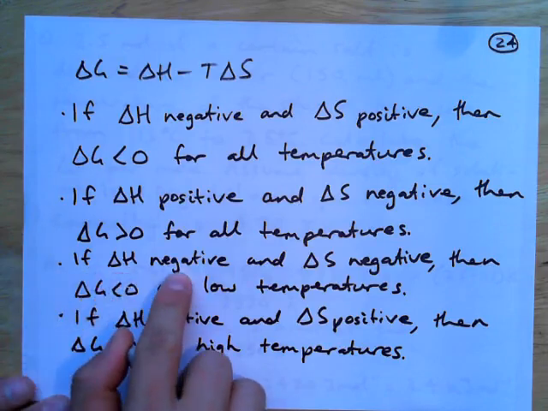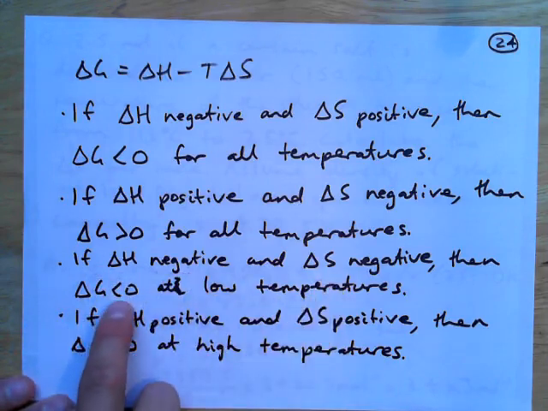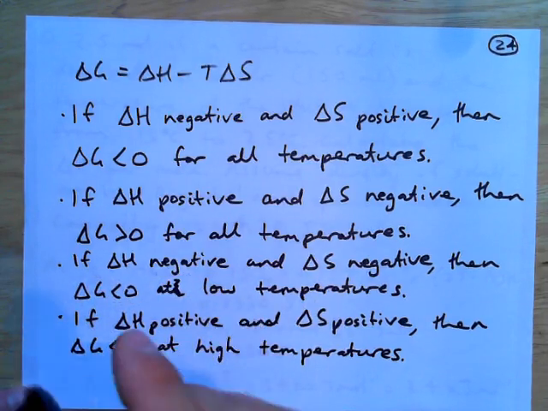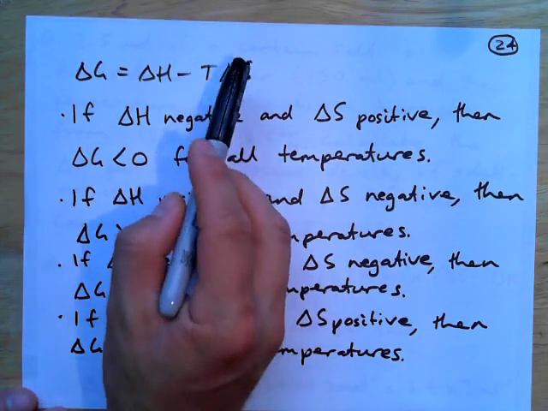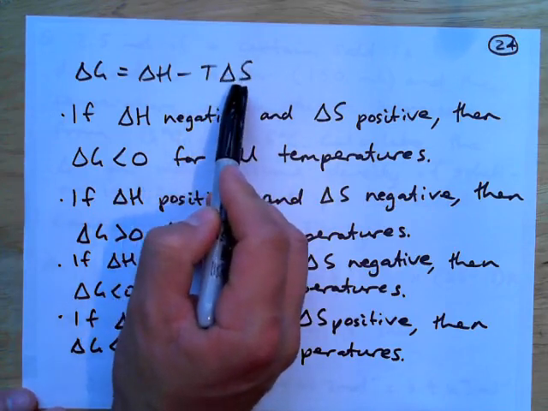If delta H is negative, so if it releases heat, and delta S is negative, then delta G will be negative at low temperatures, because at higher temperatures, the higher the temperature, the more significant the delta S term becomes.